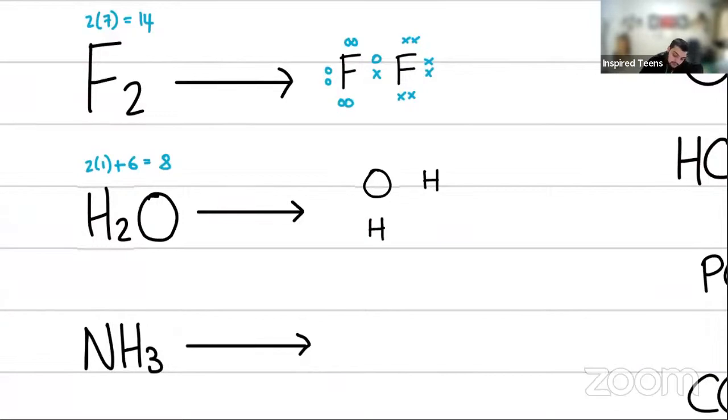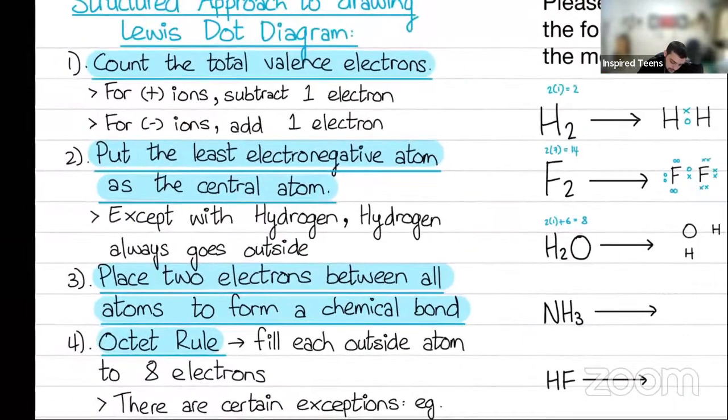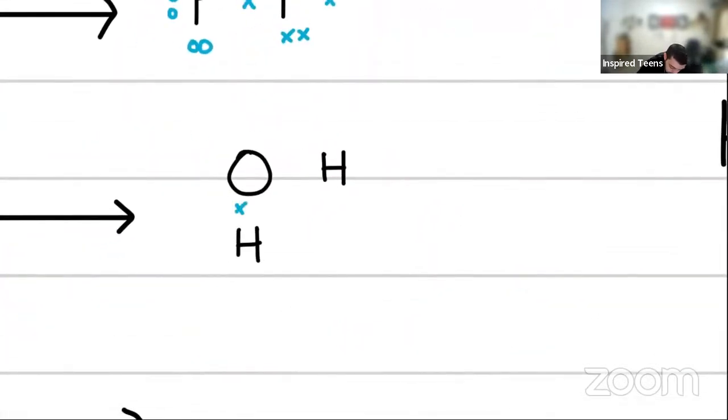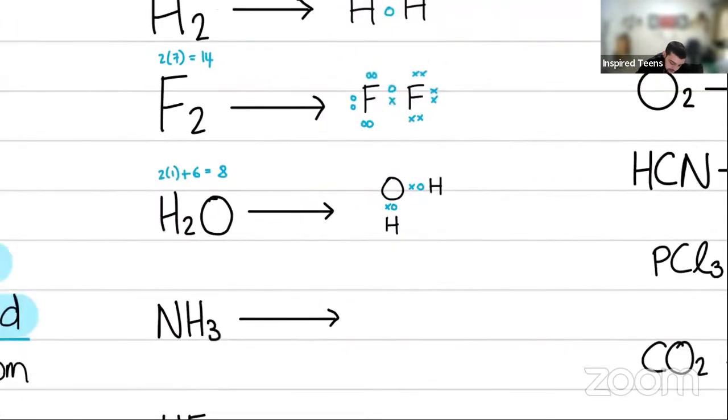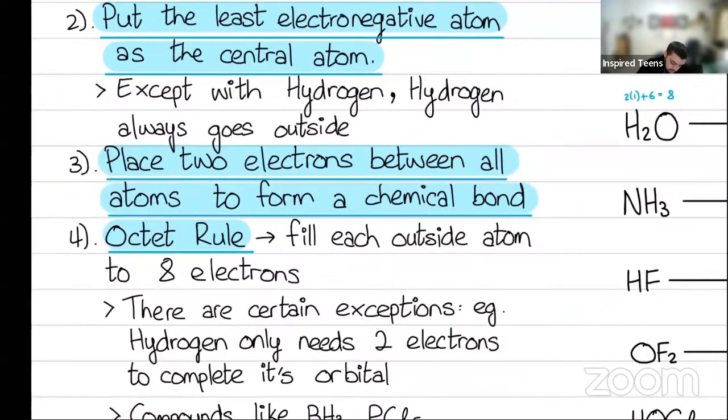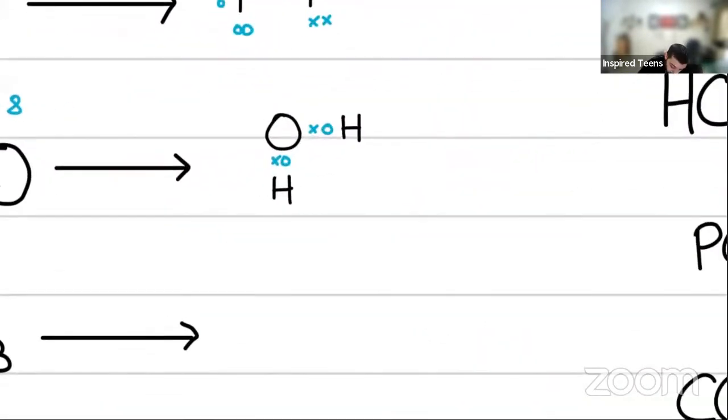Okay, now let's follow that same rule, right? What's the next step? Okay, so we did this with this exception of hydrogen. That's the one we followed. Place 2 electrons between all atoms to form a chemical bond. So here, 2 electrons, 2 electrons. Okay, then it says fill each outside atom to 8 electrons, the outside ones. That's 8.